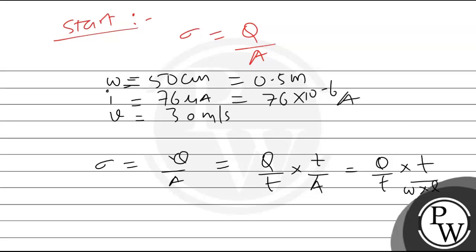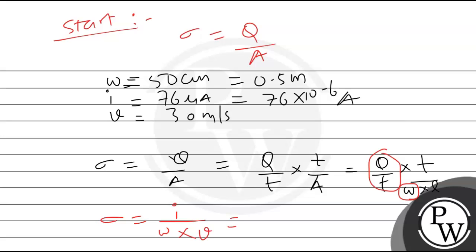Now Q by T can be written as I, current. So sigma equal to I upon width, and the length by time can be written as the velocity.